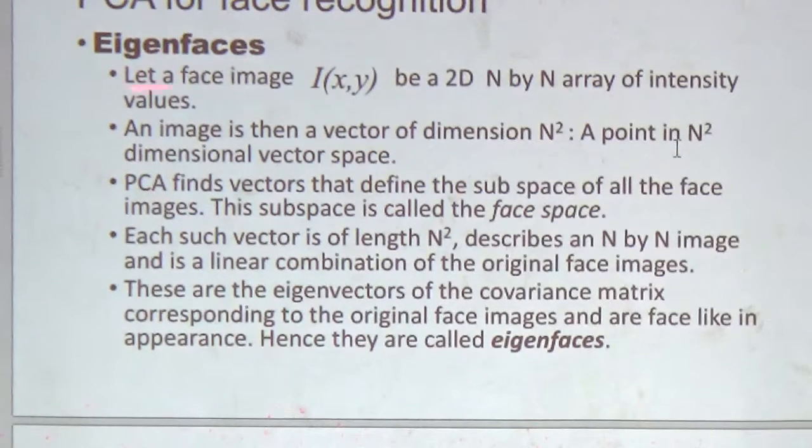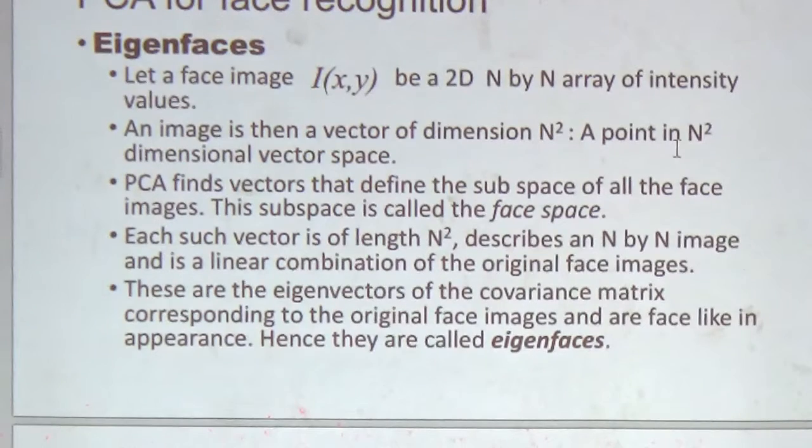The paper that describes that is eigenfaces. It again just takes the eigenanalysis of the covariance matrix. PCA will find vectors that define the subspace of all the face images, and this subspace is called the face space.